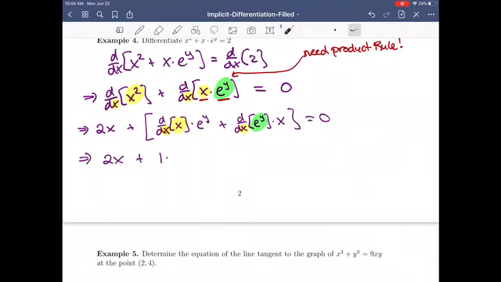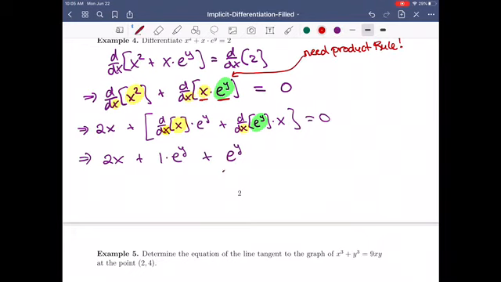So I'm going to have 2x plus the derivative of x, which is 1. Now for this term, this e to the y, notice that we're not taking the derivative. So I don't need to multiply here by dy dx or y prime. It's just e to the y. Okay, there's no derivative there. Over here, though, now we are taking the derivative. Okay, so the outer derivative is the derivative of e to the y, which is just e to the y.